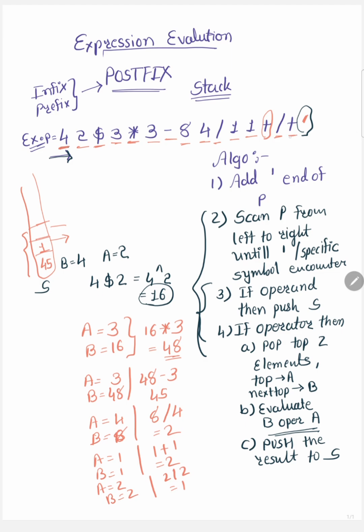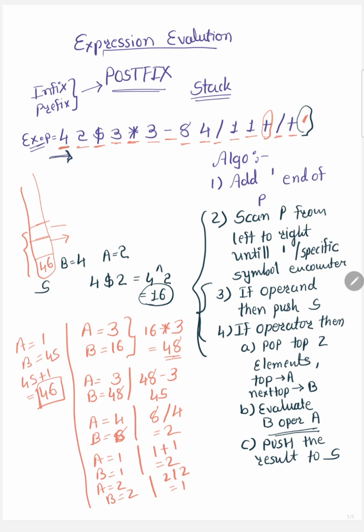And then I have this plus, again I need to pop this out, so I'm popping this 1 and 45, right? So here this A is equal to 1 and B is equal to 45, so B operator A, 45 plus 1, that's 46. This is my answer, that I need to push it over here.